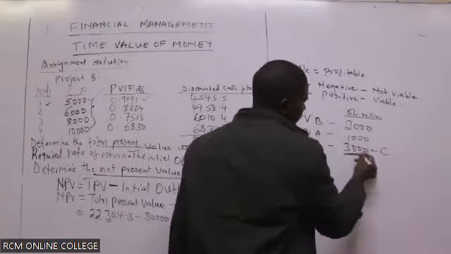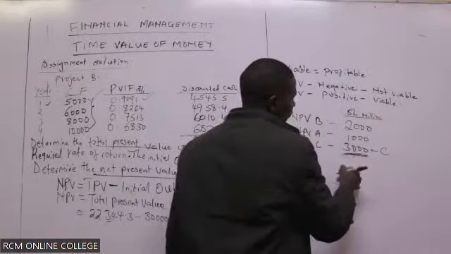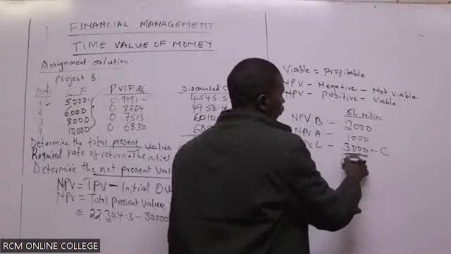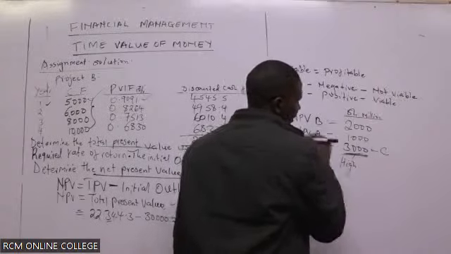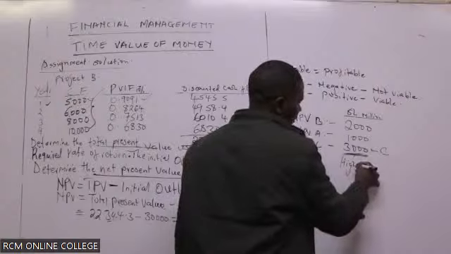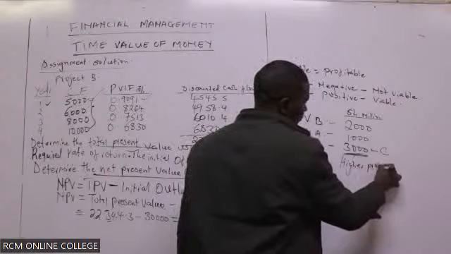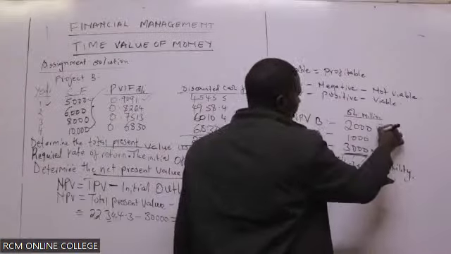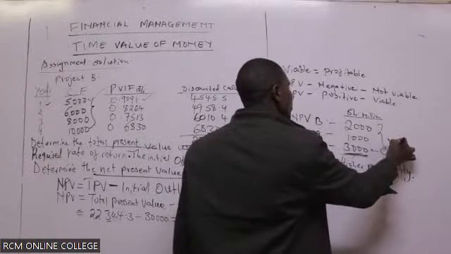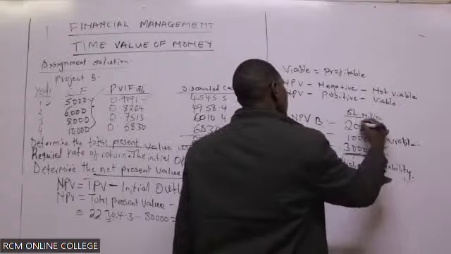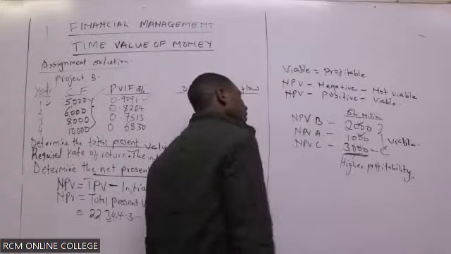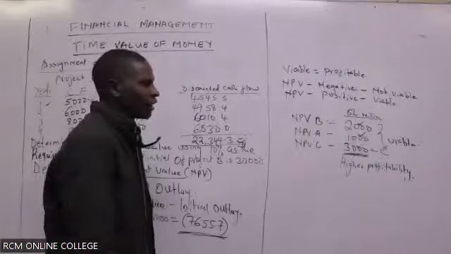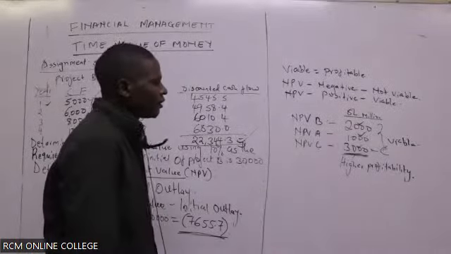It will give her a very high profitability compared to the other projects. So you see, all of them are viable projects, but now you have to compare the return that we are getting.